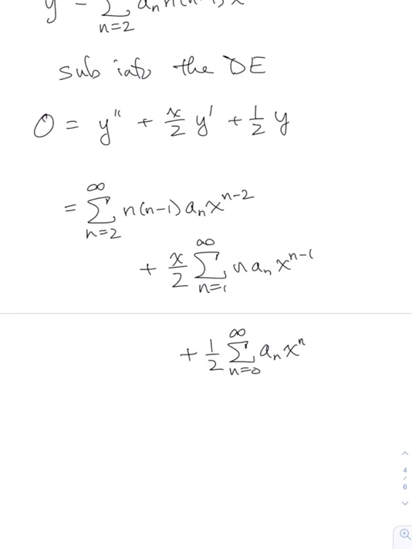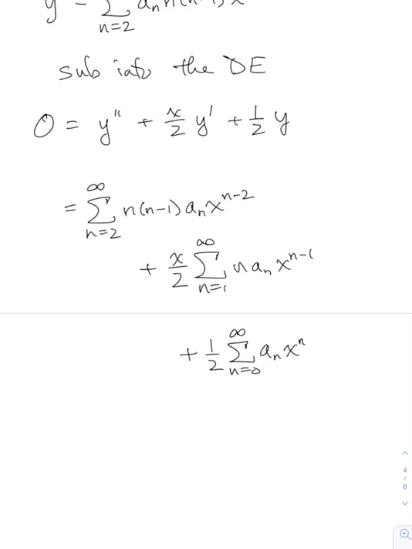So this whole expression here, the sum of 3 series, is equal to 0. My goal here is to figure out what the a_n's are. Now, we talked about this in the last section: if you have one power series, and it is equal to 0 for all x, then all the coefficients have to be 0.